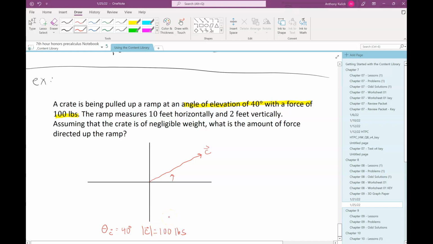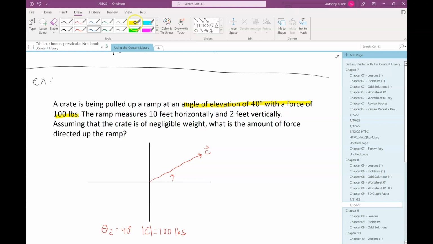It seems pretty clear the magnitude of C should be 100 since that's the force and the direction is 40 degrees. And since we're pulling up, I drew my arrow going up in the first quadrant. So that angle there just is 40 degrees then. Everybody okay with that? Okay.